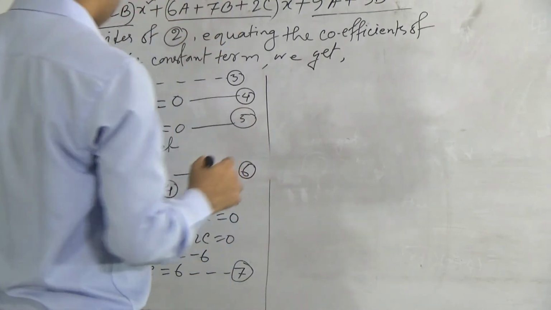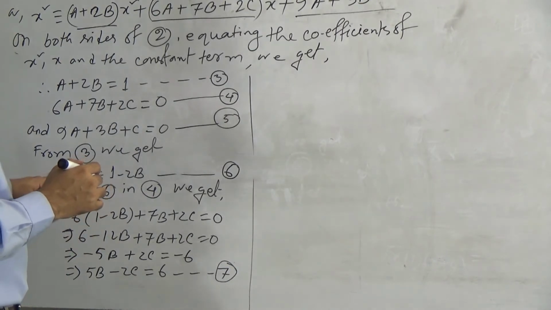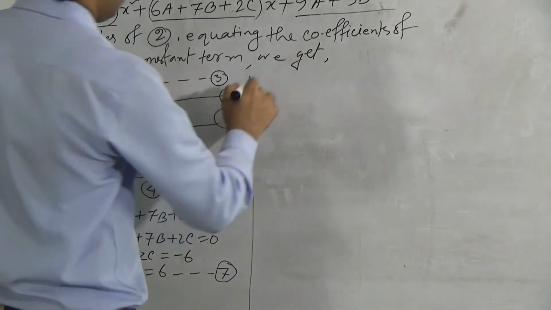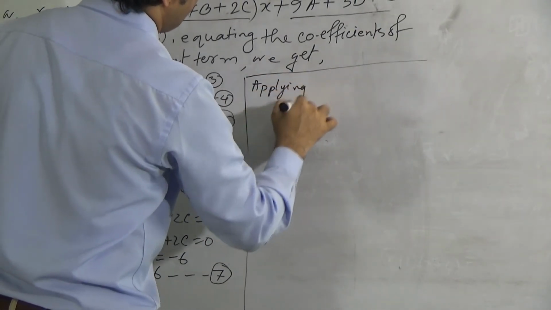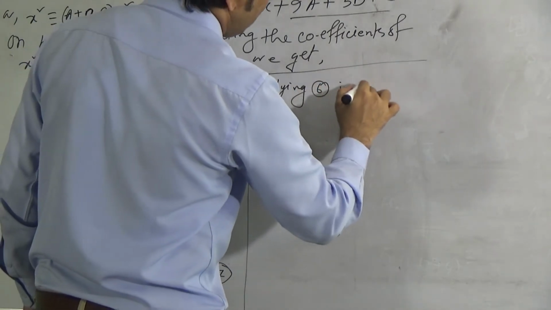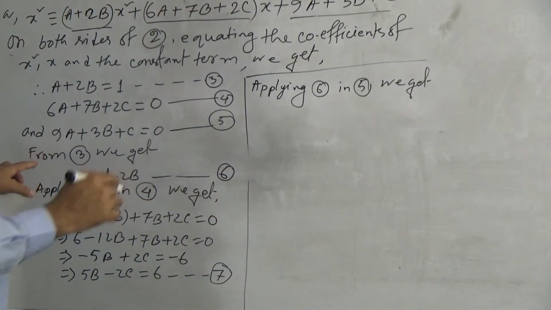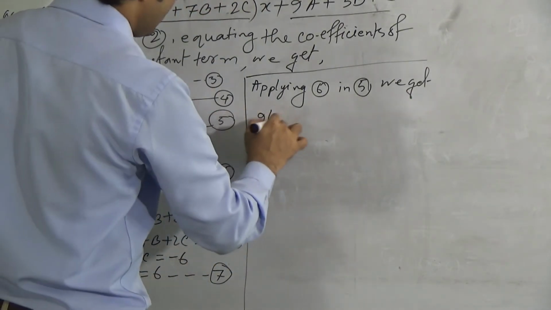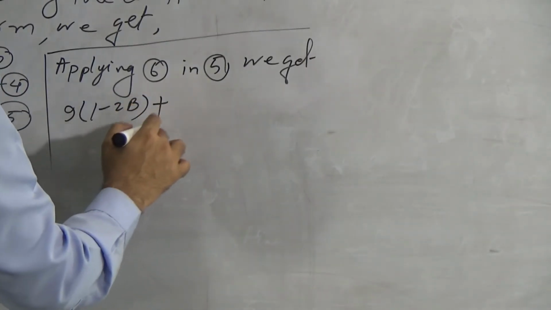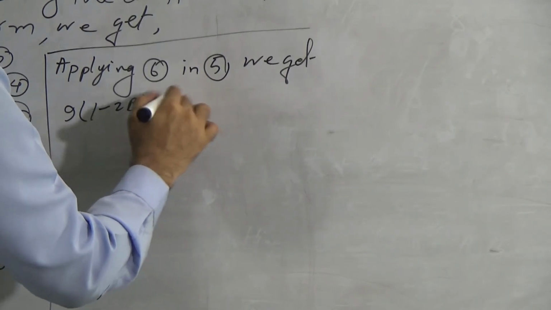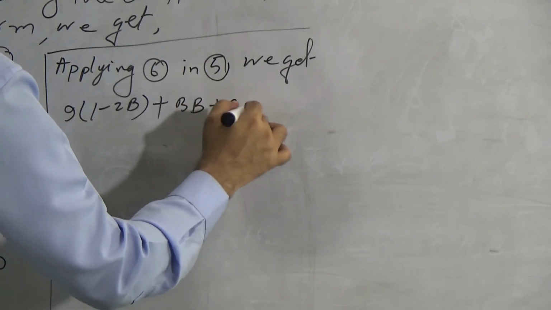Now we can go to the next part. So applying 6 in 5, what we will get here? Now see here, what is equation 5? 9a. So 9 into a means we can put the value of a, 1 minus 2b, plus 3b plus c, that is equal to 0.